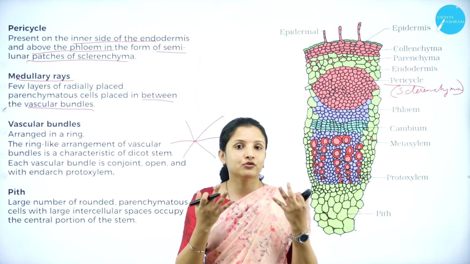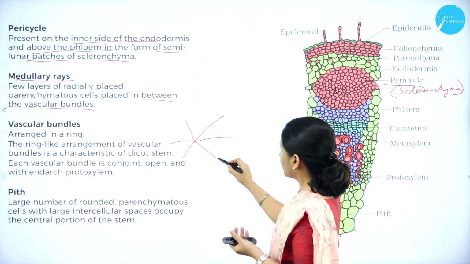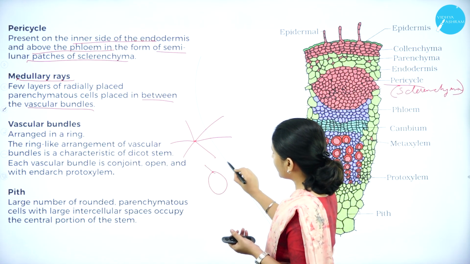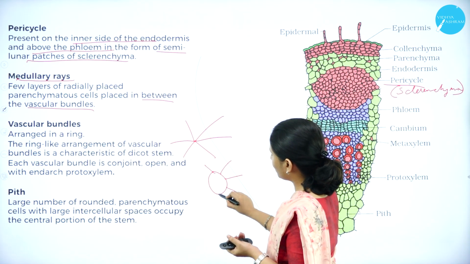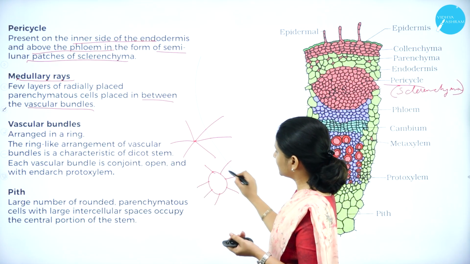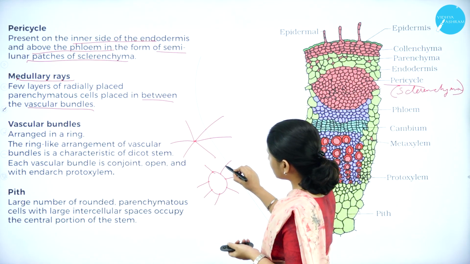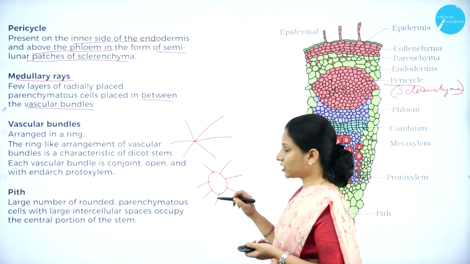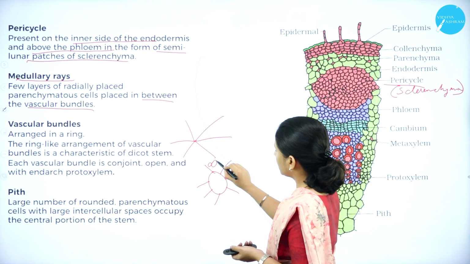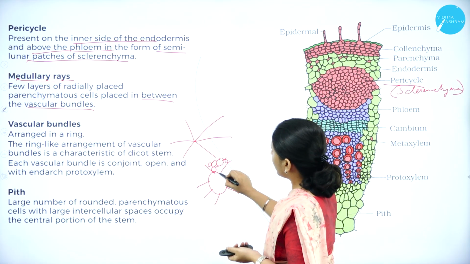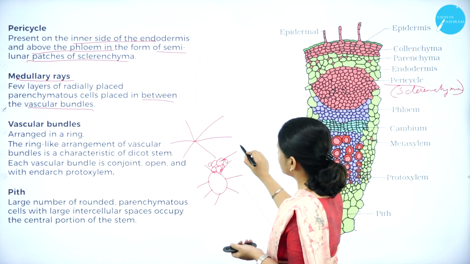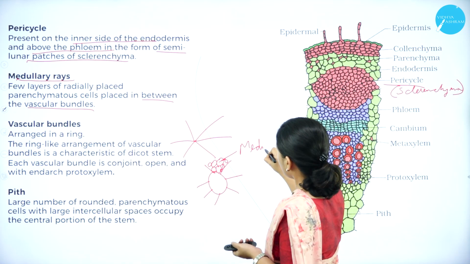Imagine when you draw the rays of a sun, how do you draw? You put a small circle and draw rays like this, right? This is how you represent the rays of a sun. In the same way, if these lines are the vascular bundles that I am talking about, then in between these, the parenchyma cells will be arranged, and this is nothing but the medullary rays.